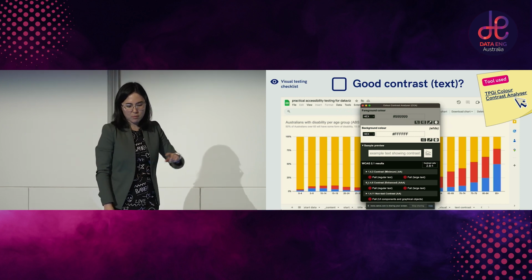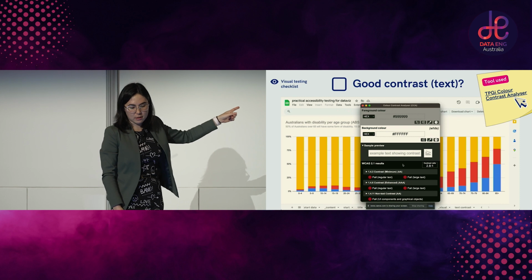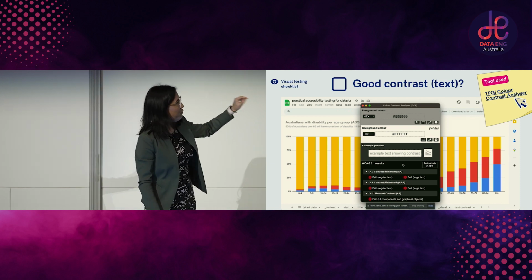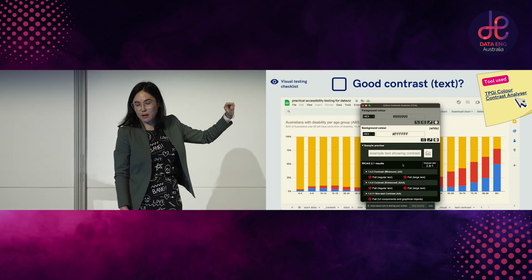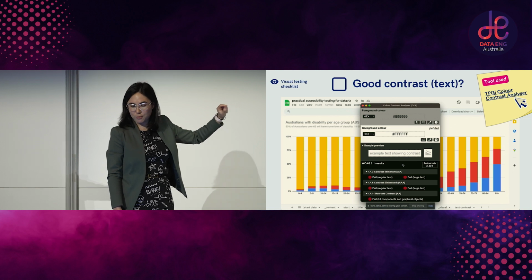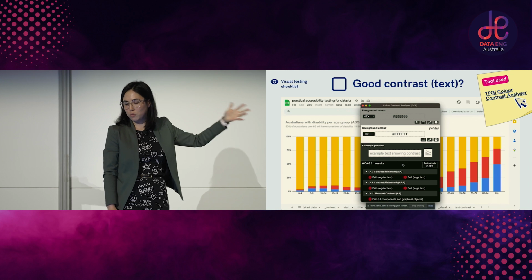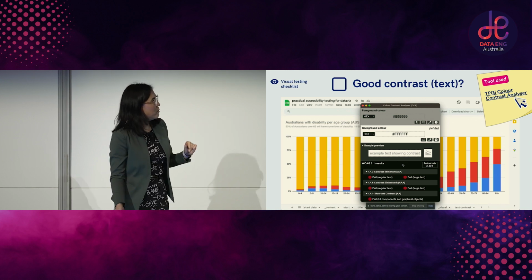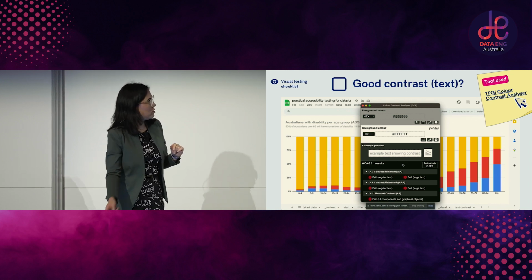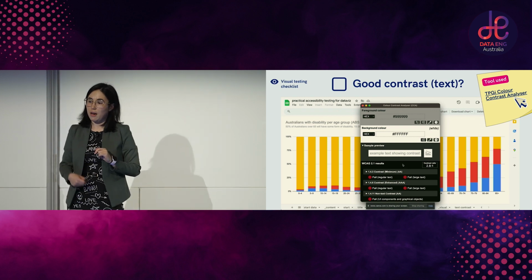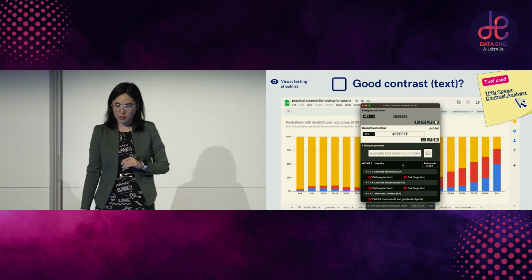What we need to make sure of here is that the text is at least 4.5 to 1 contrast ratio, and other things like large text and components should be 3 to 1 contrast ratio. So the summary text is 2.8 to 1, which is firstly not compliant, but secondly not very accessible.